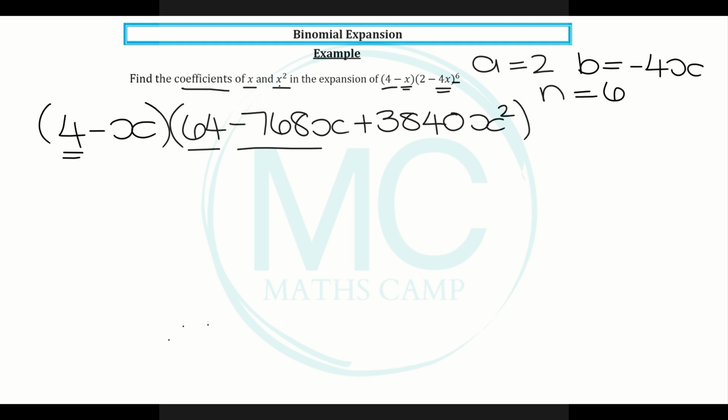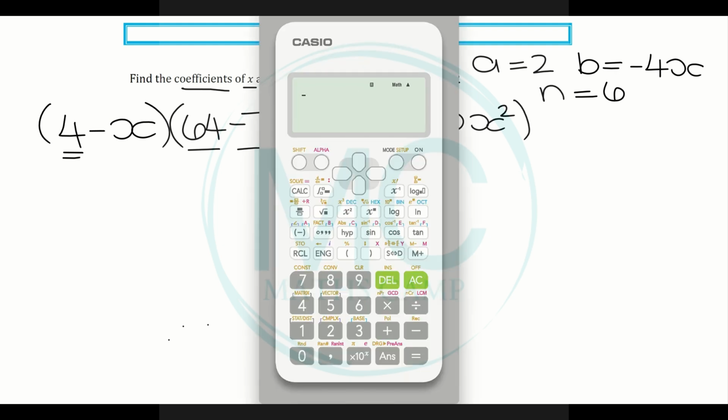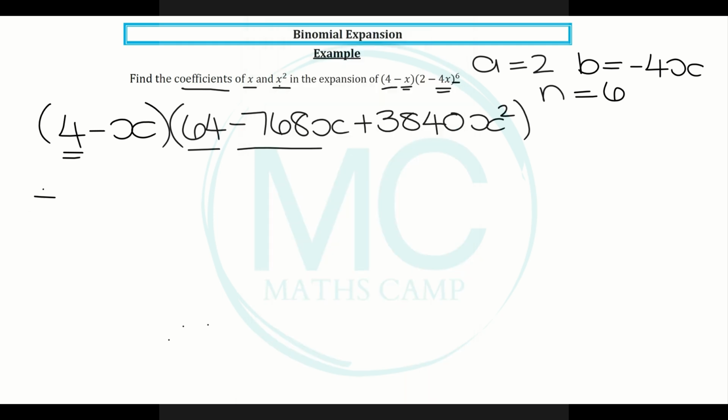So let's take a calculator. Negative 768 multiplied by 4 is equal to negative 3,072. So in my expansion, I now have negative 3,072x. 4 multiplied by the squared term gives me a squared answer.